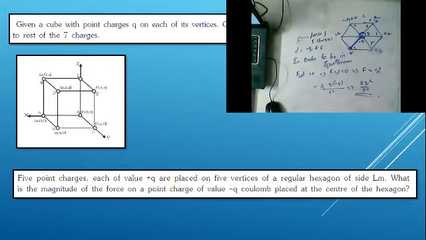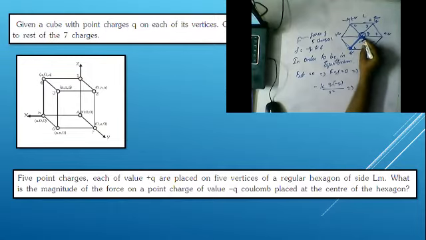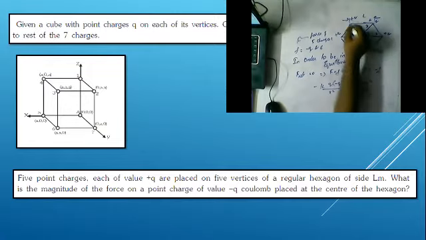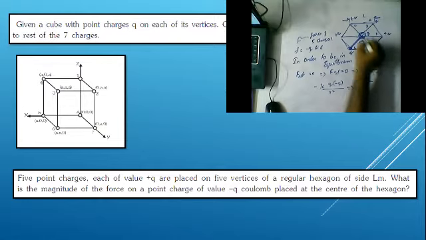That's it. Okay, so this is the lengthiest process, but in a simple process, what is the process? See, first of all, these are charges of plus q, plus q, plus q, plus q. Now when I keep a minus q, it makes the system in equilibrium. So this one and this one will be in equilibrium.